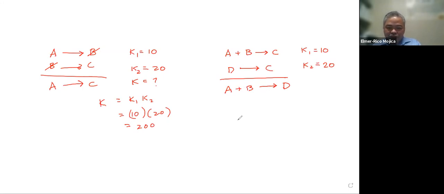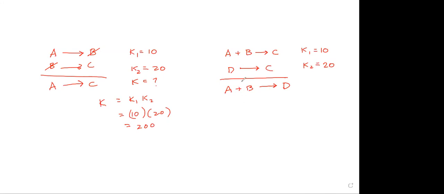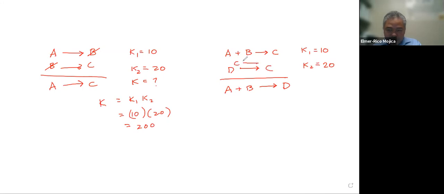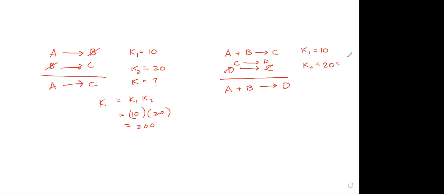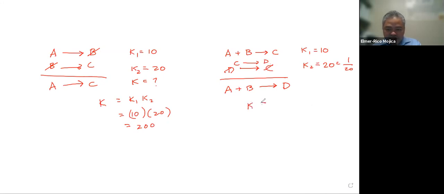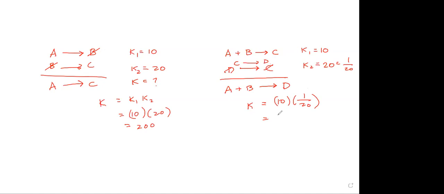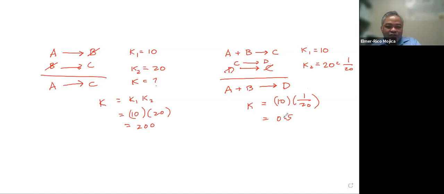So what do we need to do? We can reverse the reaction for the second one. Reverse this one, so we'll make it C over D. And what will happen to the new K here? That'll be 1/20, the reciprocal. So your new K now will have 10 times 1/20. So this is now equal to what? 1/2. 0.5. So that's the thing that you can do when you combine those manipulations that we did.